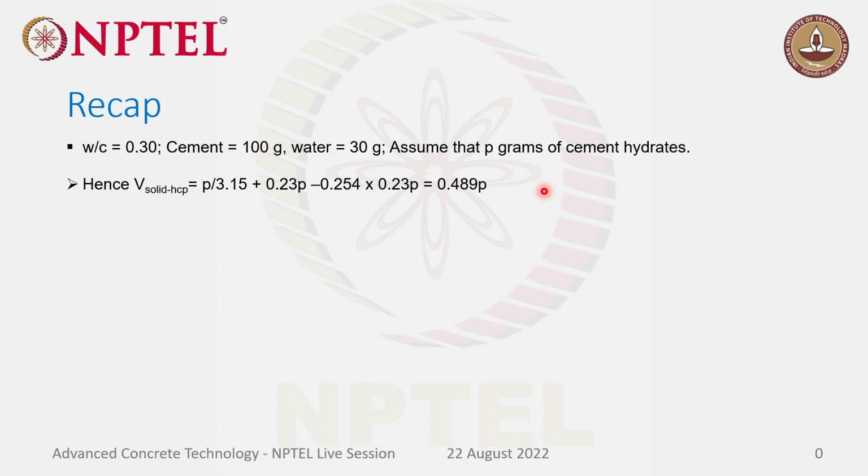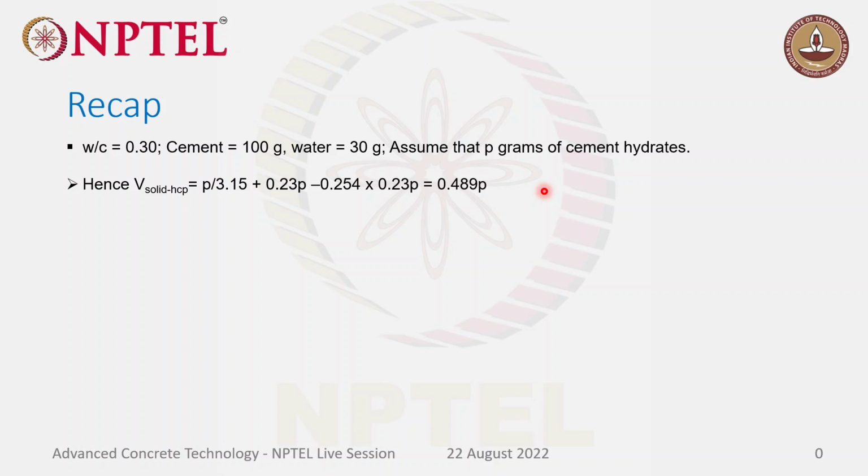In addition to that, we need some gel water. Some amount of water will be used for the formation of hydration products, and some amount of water will be available as gel water.